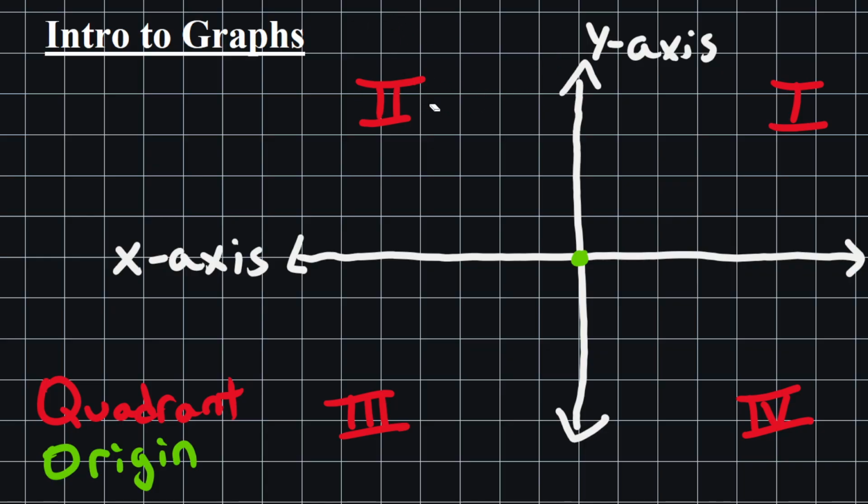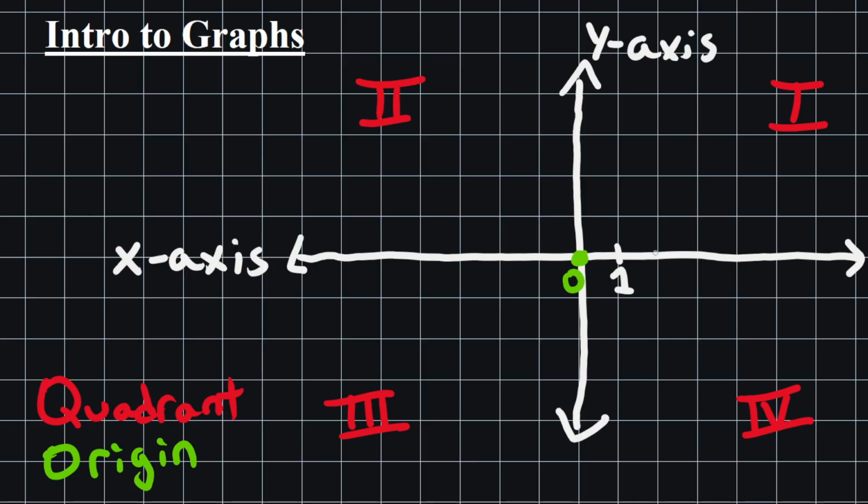So, okay, what can we do with the graph exactly? Well, we can plot points on it. Before I do that, let me go ahead and mark some numbers. First on this x-axis, right here at the origin, that is going to be 0. I'll write a 0 right here. And then I'll keep going. So this will be 1.